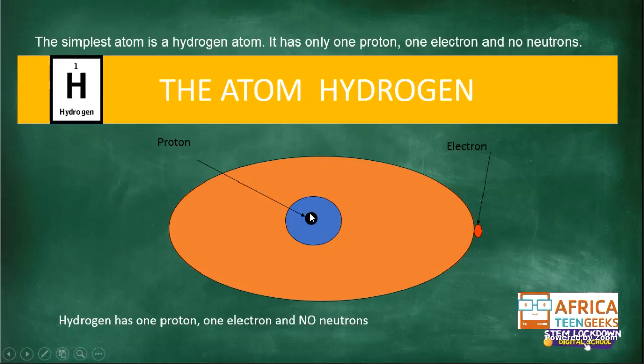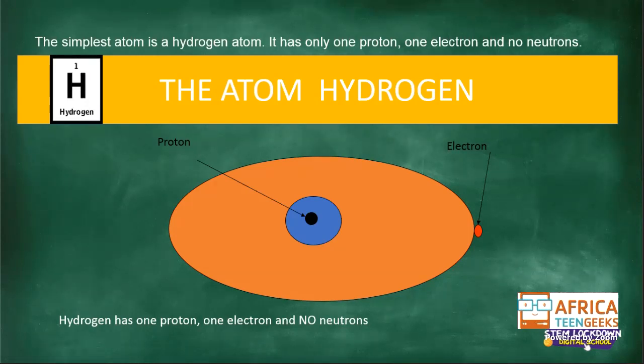And now, how to interpret the periodic table. This is a symbol that I copied from the periodic table for hydrogen. So it's H. And can you see the one above it? This one above hydrogen means that it has one proton. So every time you see a periodic table, whatever number is above means how many protons that specific element has.